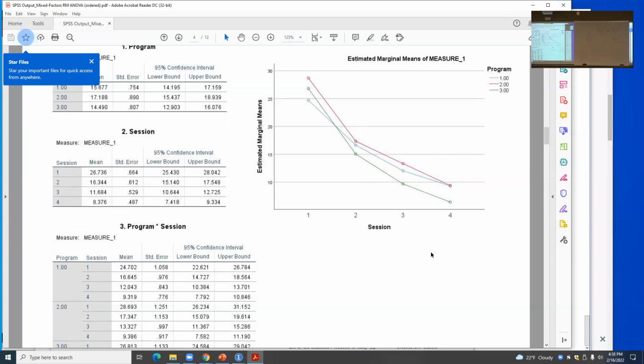But given this output, Natalie, in terms of within subjects effects, if we're thinking about across each one of these programs, what are the within subjects comparisons that are probably of most interest to me, from a treatment standpoint?